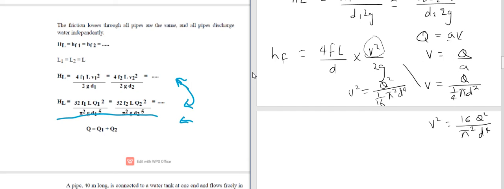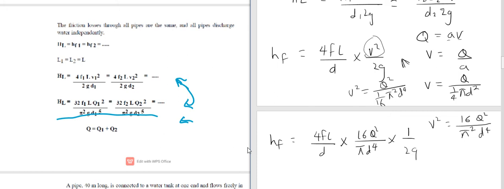Now substitute into this equation here. HF will be equal to 4FL over D multiplied by 16Q square over pi square d raised to power 4, times 1 over 2g.